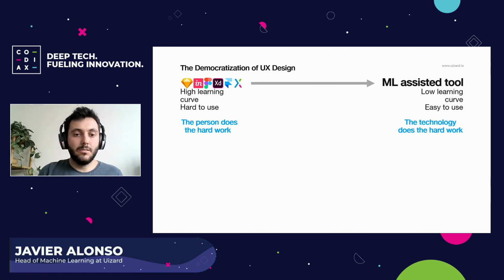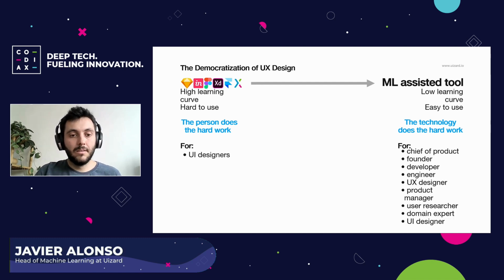This is because in these designer tools, the person does the hard job, but in a machine learning assisted tool, it's the technology doing the hard work, as we have just seen. And what this causes is that this tool is not only for UI designers anymore, but also for product people, or maybe you're a founder that would like to express their ideas, or even a developer.